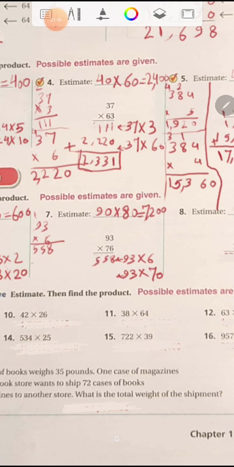Now let's find the second one, which is 93 multiplied by what? Multiplied by 70. So I will multiply it by 7 first, then I will put 0 next to the answer. Now let's start. 7 multiplied by 3 equals 21. So I will put 1 here and 2 above the hundreds.